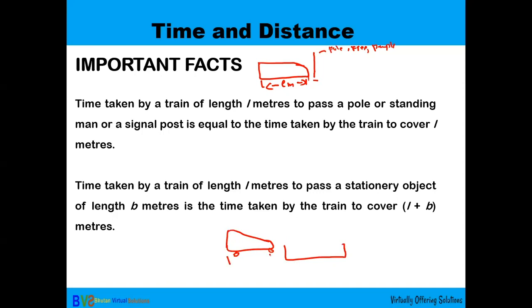Let the length of the train be L, and the length of the station be B. Then the time taken to pass this station will be based on the distance covered by the two. That is, the total distance covered will be L plus the platform length.